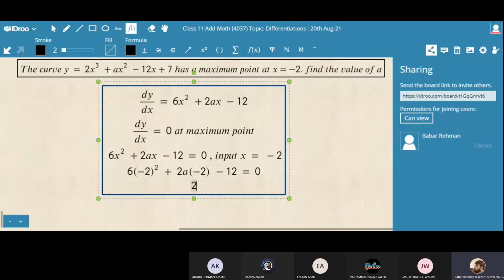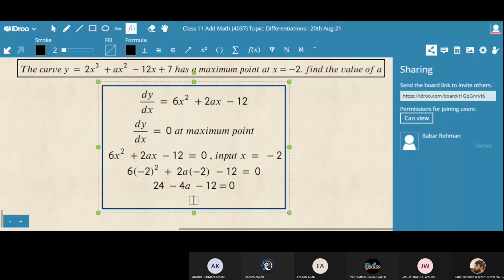So it is 24 minus 4a minus 12 is equal to 0. Next step. Yes, student, next step. 24 minus 4a equals 12.